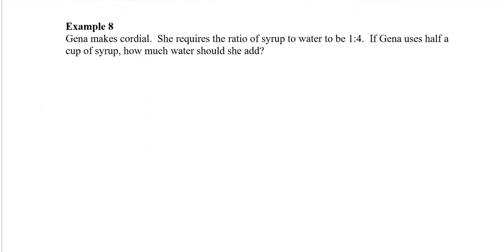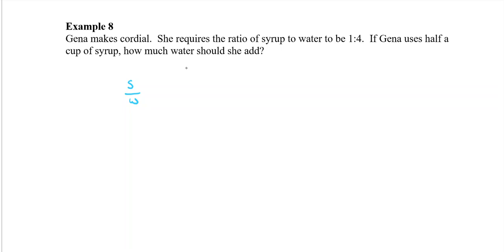Question 8. Jenna makes cordial. It requires the ratio of syrup to water to be 1 to 4. If Jenna uses half a cup of syrup, how much water should she add? So we're going to do the fraction method here. So we're going to have the syrup on the top and water on the bottom for each fraction.